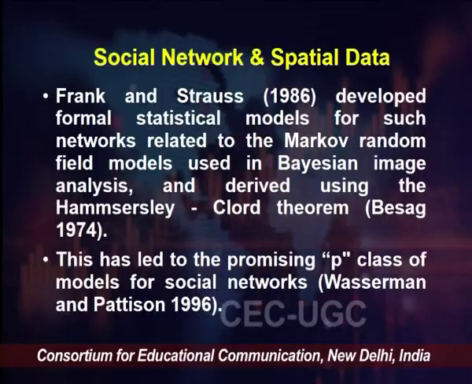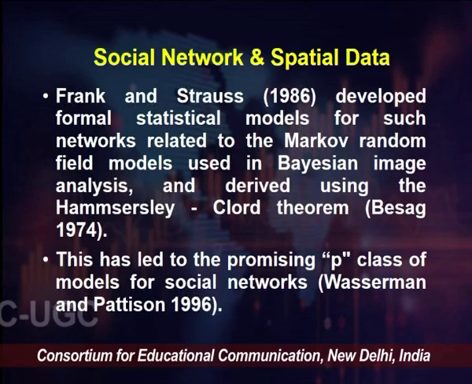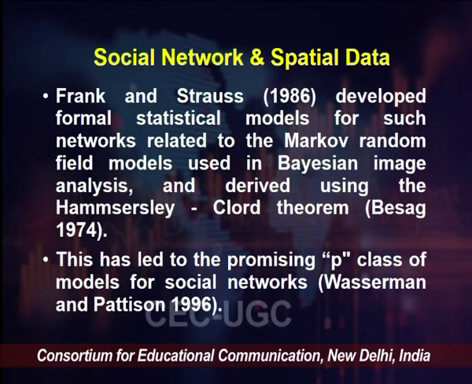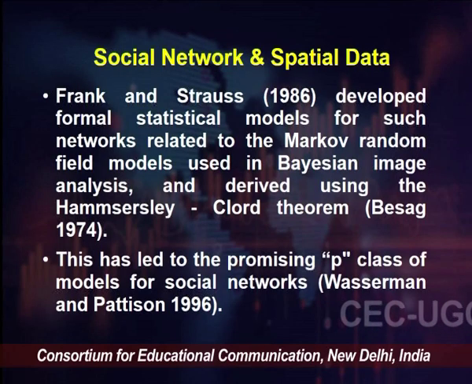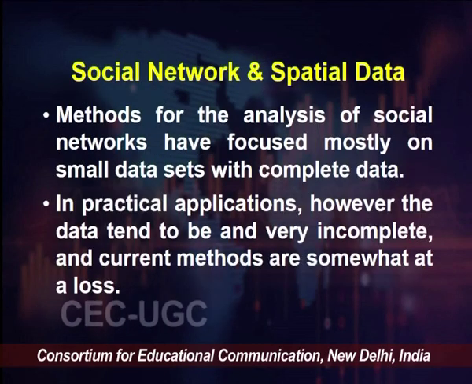Frank and Strauss, in their 1986 published work, developed a formal statistical model for such networks, related to the Markov random field model used in Bayesian image analysis and derived using the Hammersley-Clifford theorem. This has led to the promising p-star class of models for social networks.